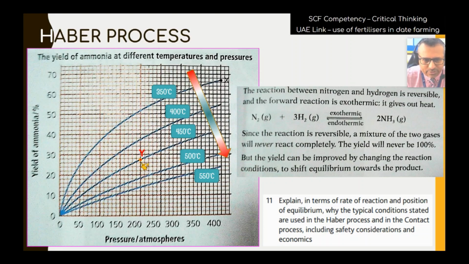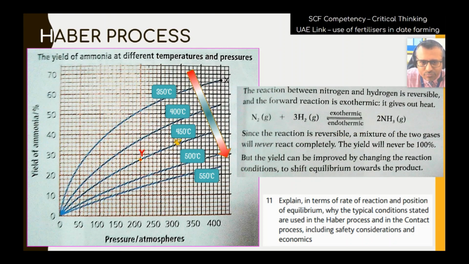So at 450 degrees centigrade, at the chosen pressure, which is 200, you'll find that it is almost 30%. It's actually closer to 28% than it is to 27%, which is the halfway mark on these squares. So you'll get roughly 28% yield of ammonia. Now in our industry, we want to try and maximize that. We want to make as much ammonia as we can. But because this reaction is reversible, this yield will never, ever be 100%.